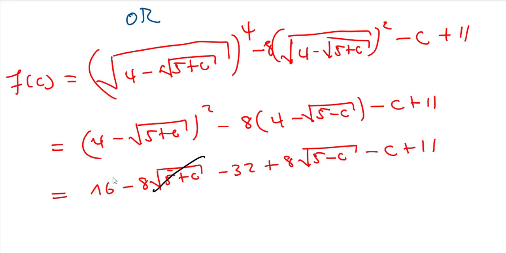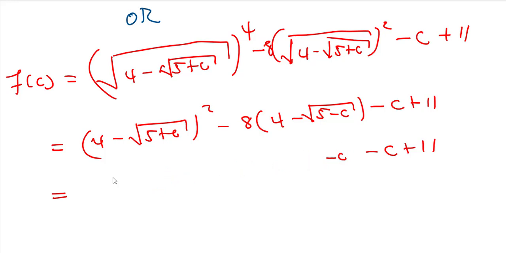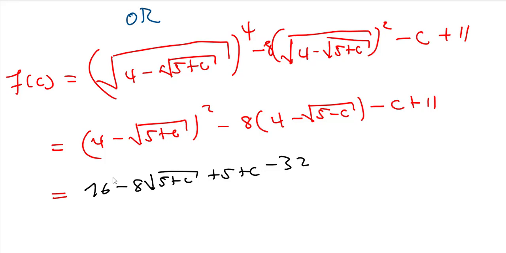Now things cancel out, this and this cancel. What else cancels? Something has been omitted somewhere. Okay, here I omitted to add the term 5 plus c. Let me re-expand. I omitted the term while expanding. So this gives 16 minus 8 root 5 plus c plus 5 plus c. Then here gives minus 32 plus 8 root 5 minus c.